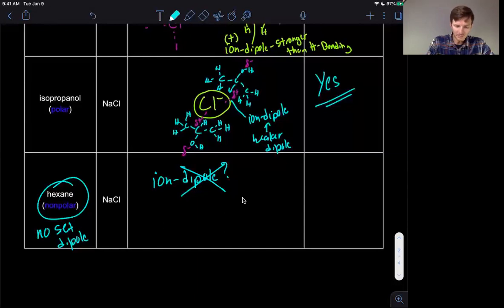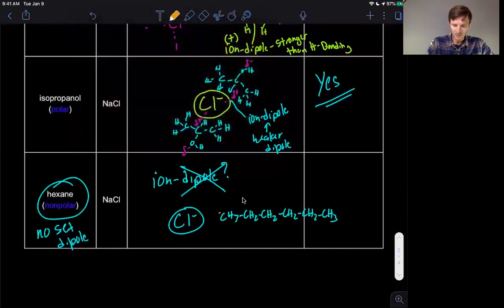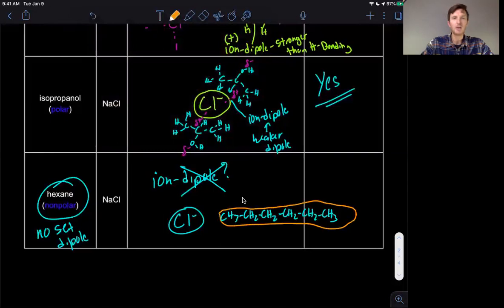And so if we have, for example, our chloride ion here, and then we have our hexane molecule, and we think of it coming close to this chloride ion, it's going to push the electrons maybe away from the chloride ion.